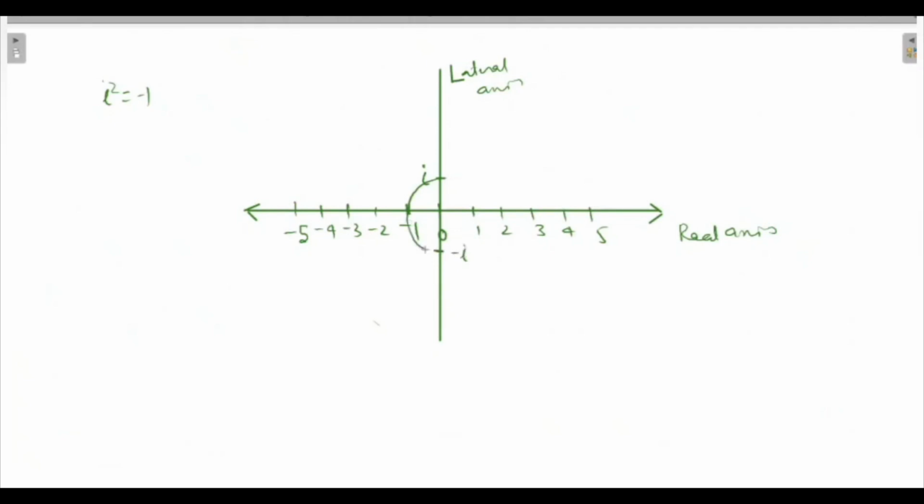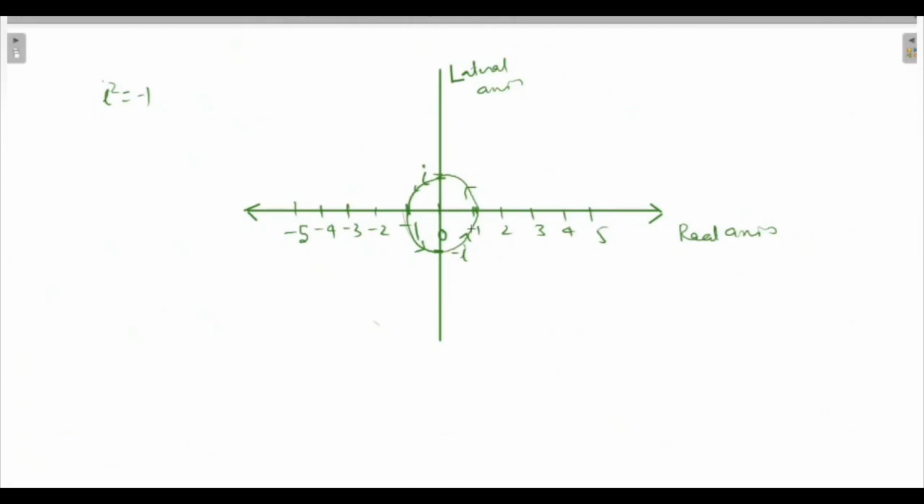Then you multiply it with another i, then it will become 1. And then again you multiply with another i, it will again become i. So basically this imaginary number, whatever is with i, either remains on this axis or just keeps on going around whenever you are multiplying this number with i itself.